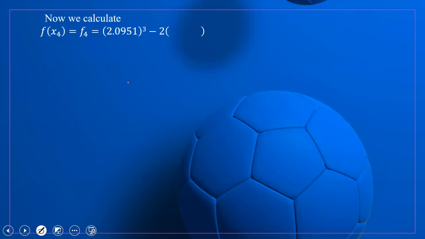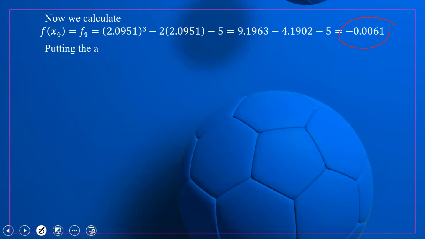Similarly, if you again calculate the value of f of x4, we again get negative values. So putting the above values and n equal to 4 in equation 1, we get iteration number 5.